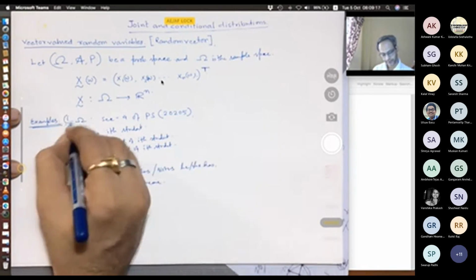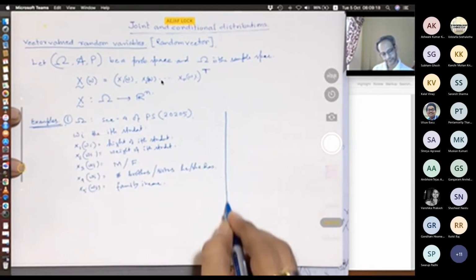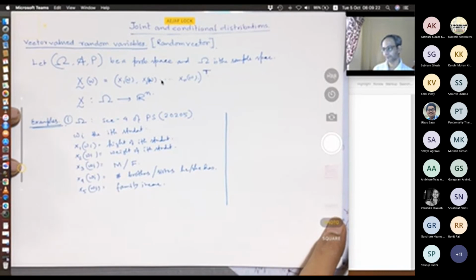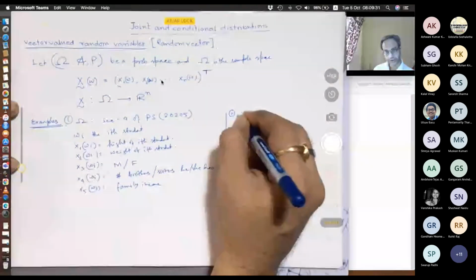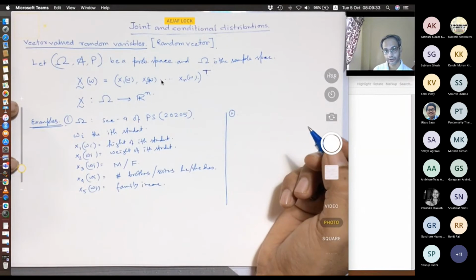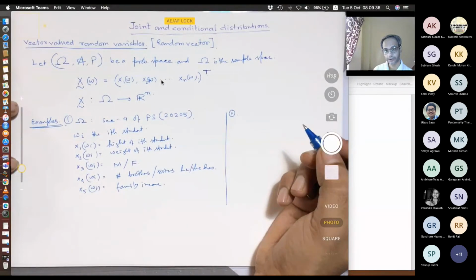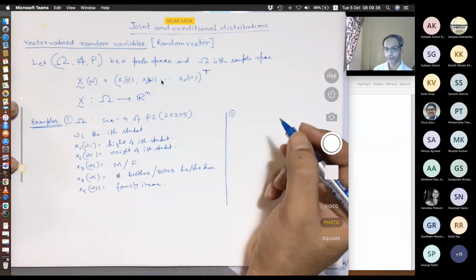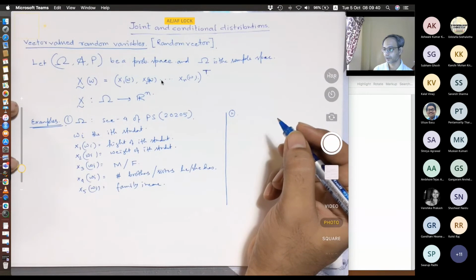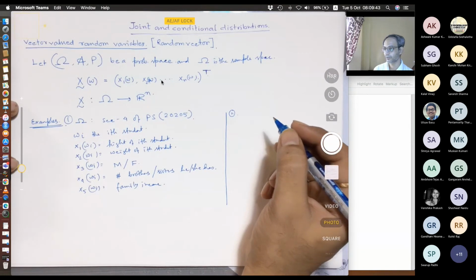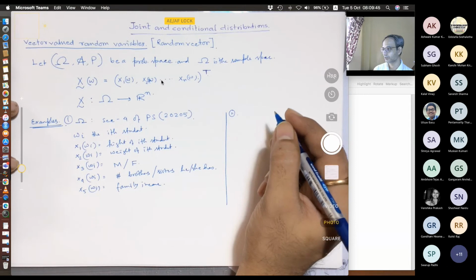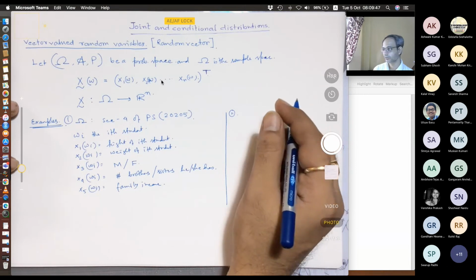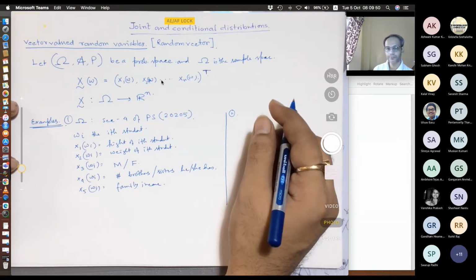Another example you can consider is a very common example nowadays. Is it blurred again? Hello? Sometimes it gets blurred and for some time it gets clear. Yeah, but it is now beyond my scope.